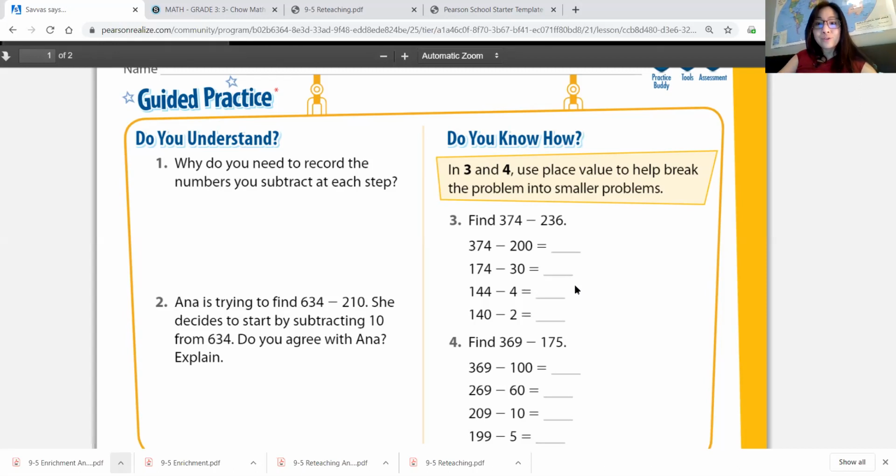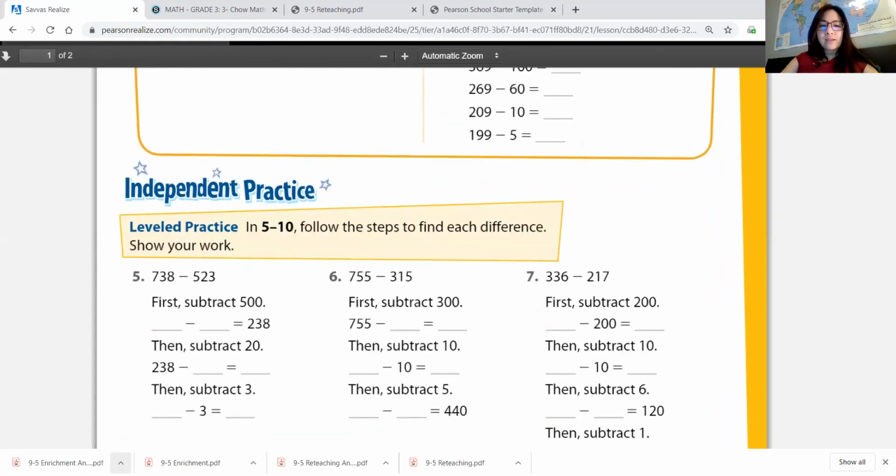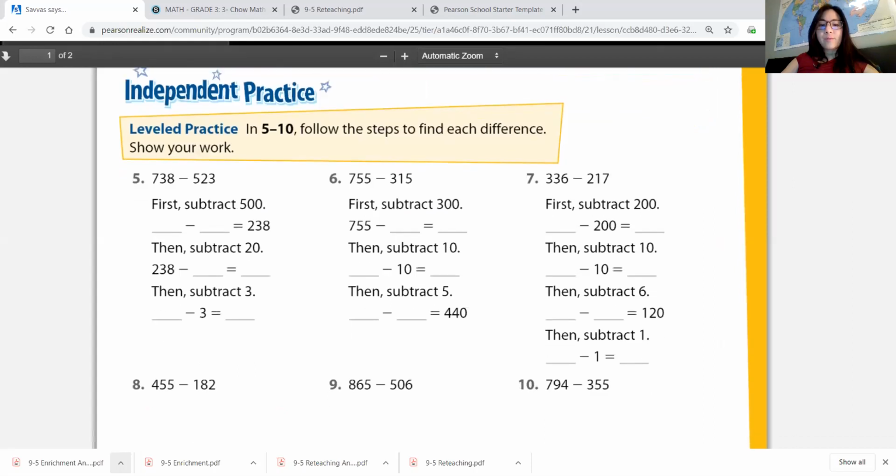So let's skip number 2 and just go right over here to number 1. It says in these, you use place value to help break the problem into smaller problems, and they break that up for us already in these examples, and then up a little bit with the independent practice.